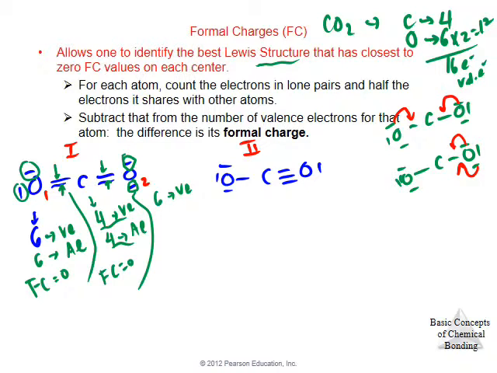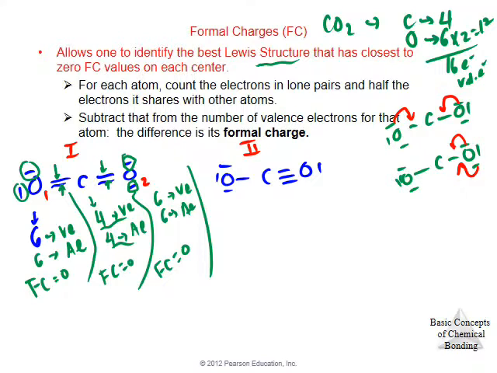So you have 4 solely on oxygen, and 2 are coming from double bonds, so that's 6. 6 assigned electrons in the structure. It's supposed to have 6, and it does have 6. So formal charge is 0 in this structure. So what we found here is formal charge on oxygen 1 is 0, carbon is 0, oxygen 2 is also 0. Now let's examine structure number 2 on the right hand side.